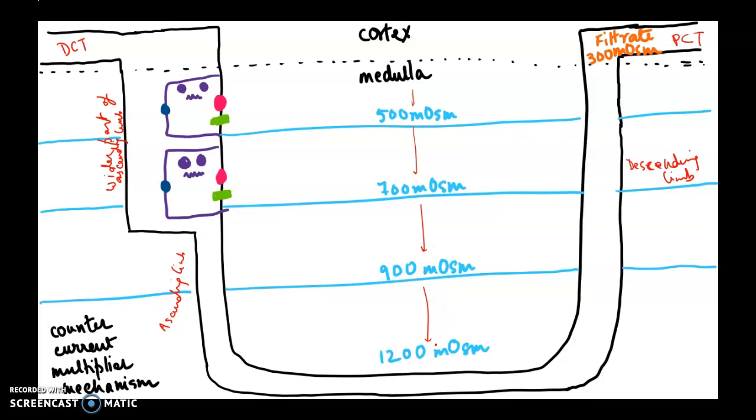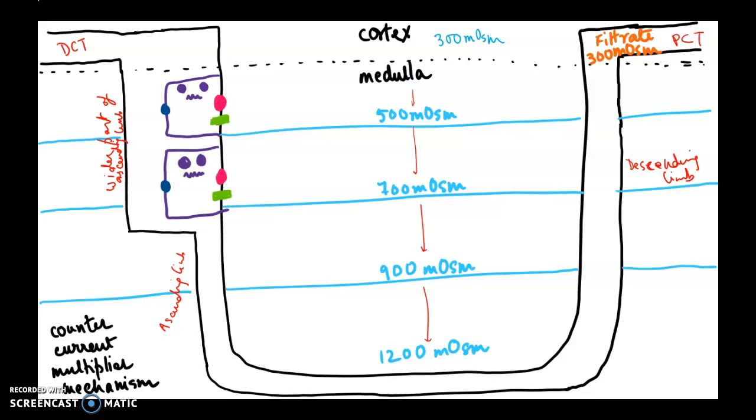So let me change color if I can. In the cortex, it's 300 milliosmoles. But then as you move down deeper into the medulla, the solute concentration gets higher and higher and higher. We move from 300 all the way to 1200 milliosmoles.